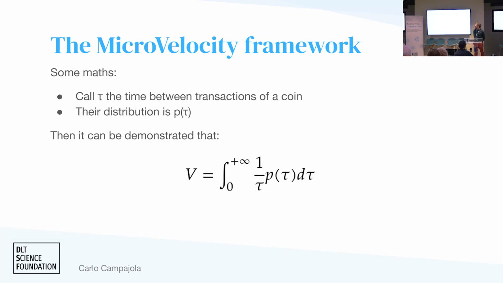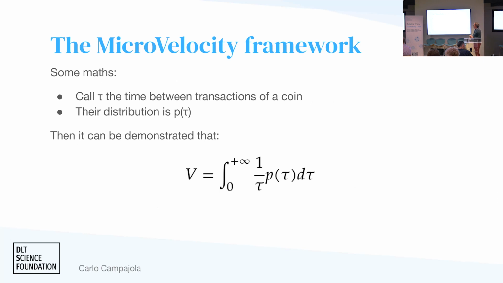What is the maths behind it? I'm going to keep it very, very simple. Since you're measuring the velocity, I've talked about it being the average frequency of transactions. The frequency is an inverse of a time. So the time that is relevant in this case is the time between transactions of a coin.